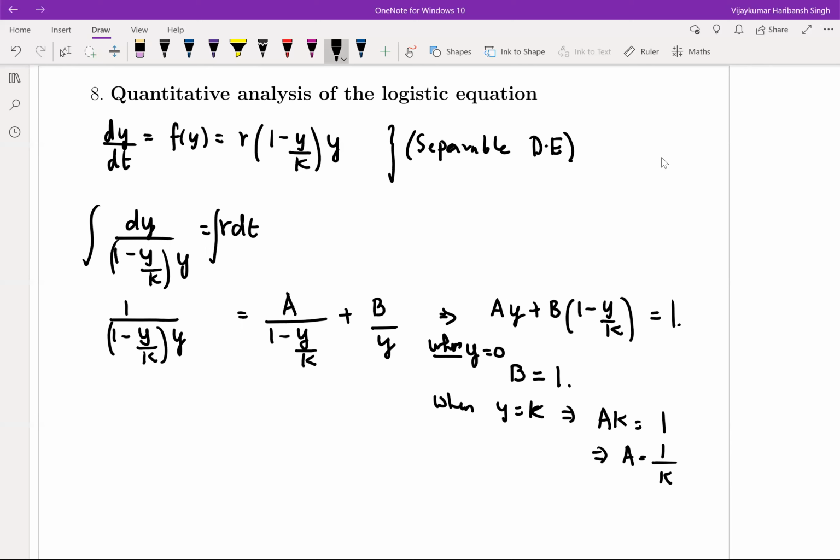So now we can put back our equation. If I write the integral, it's going to be the integral of 1/y plus (1/k) divided by (1 - y/k) dy equals the integration of r dt, which is going to be rt plus some constant.